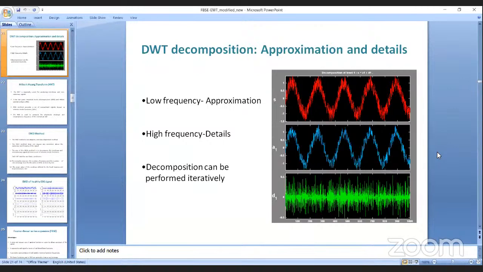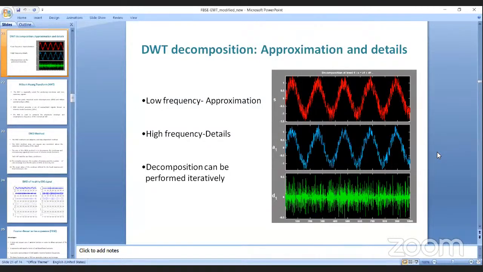Now, the discrete wavelet transform, DWT, has some problems. For a given signal, what level should be used for the decomposition? Like you have seen, at the first level we are decomposing the signal into two parts, approximation and detail. And then again, we are taking the approximation and decomposing it into approximation and detail. So what is the number of levels?